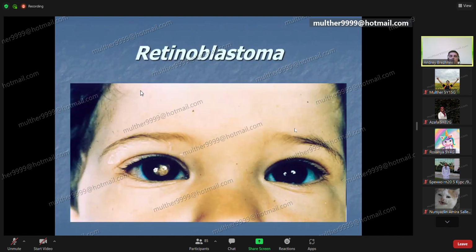Here you see the patient with retinoblastoma, and instead of normal red reflex, you'll see the yellowish or whitish or grayish reflex from the fundus, which is the symptom of this severe disorder, and the parents can see it and come with this newborn to the doctor.